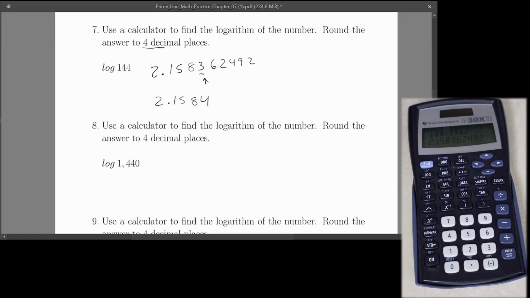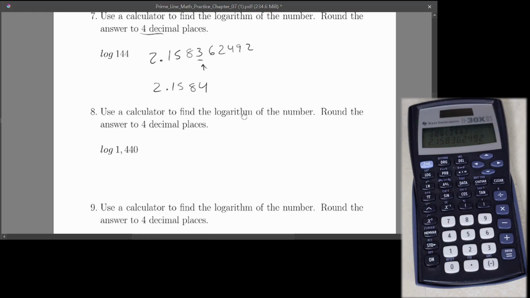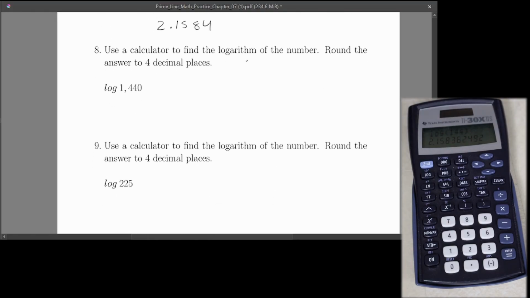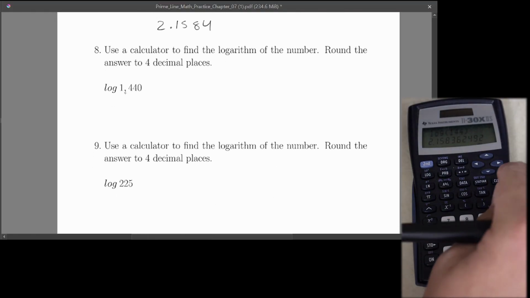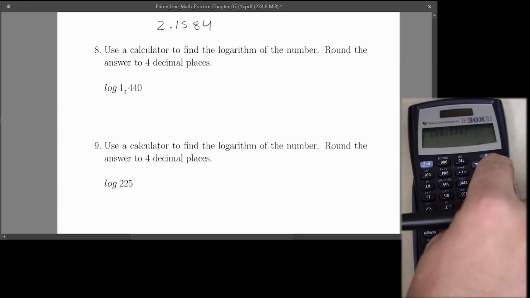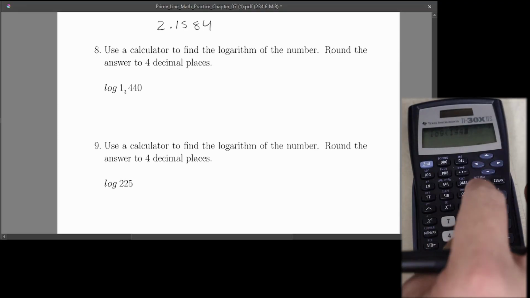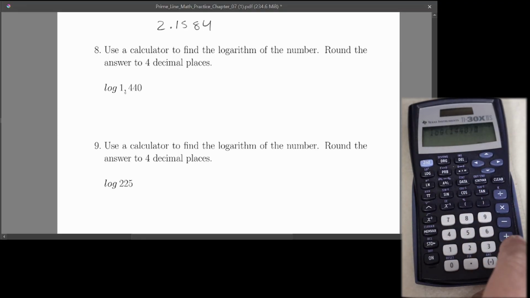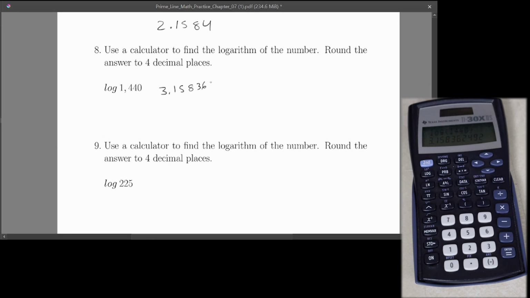Using the calculator, we are going to do the similar equation, but now we're going to add a 0 to the end, make it 10 times bigger. And notice our result here is 3.158362492. We're rounding to 4 decimal places.